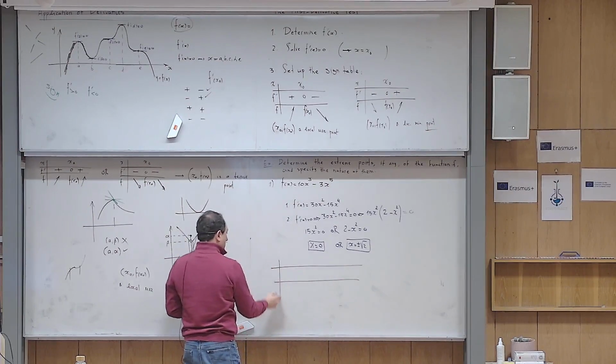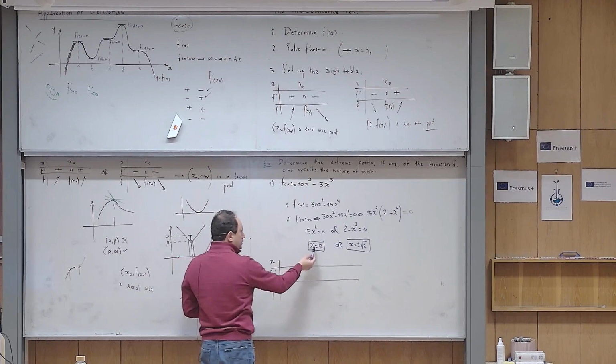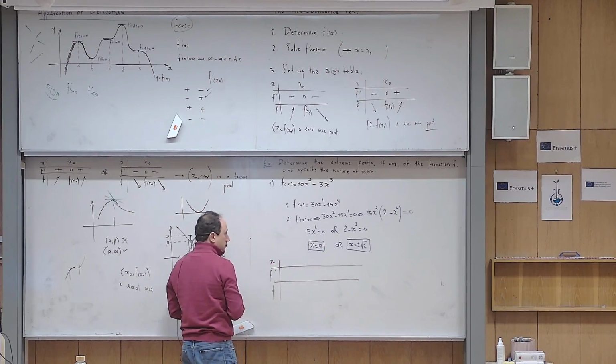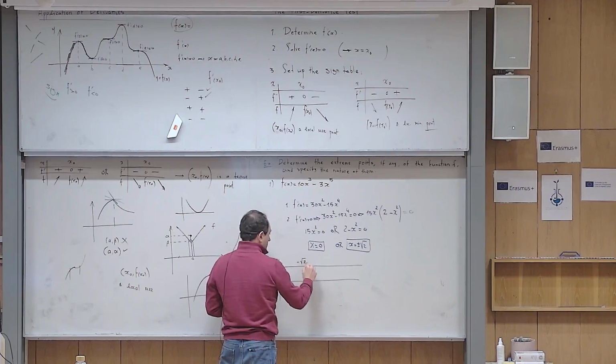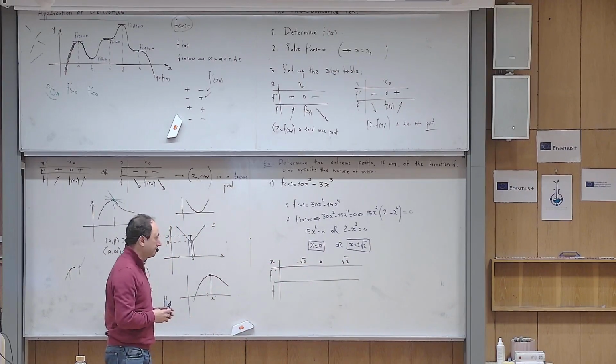But the standard one is that the first row is x, the second row is for f prime, the third row is for f. And then you have to put these numbers in ascending order from left to right. I have 3 numbers, minus the square root of 2, 0, and the square root of 2. So I put them in order. Yes?